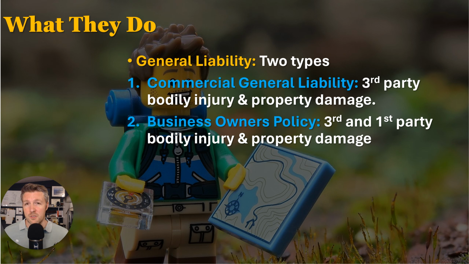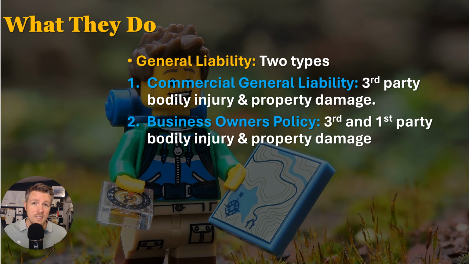Next is a business owner's policy. Now, that is third-party and first-party bodily injury and property damage, right? That's the general layout. There's a little more to it, obviously, but I'm giving you the 30,000-foot view there. All right. Now, why would you want a business owner's policy? Well, maybe you have a bunch of stuff sitting in your office, right?